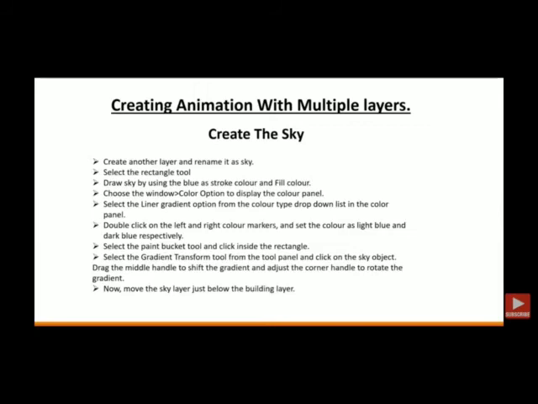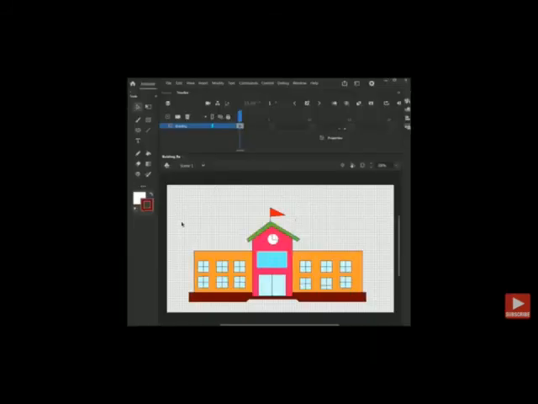So we have to insert a new layer, and with the help of the new layer we will apply the gradient. I have just clicked on this new layer button. You can see the new layer is there. So rename it sky. Now sky is the name of this new layer.